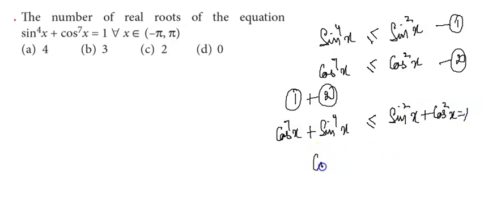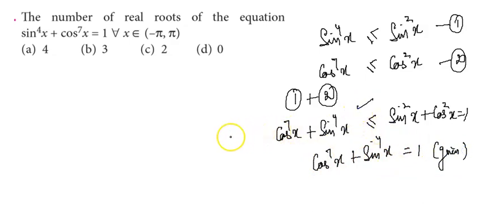So cos to the power 7 x plus sine to the power 4 x is less than or equal to 1 from this, and it is equal to 1 because this is given.